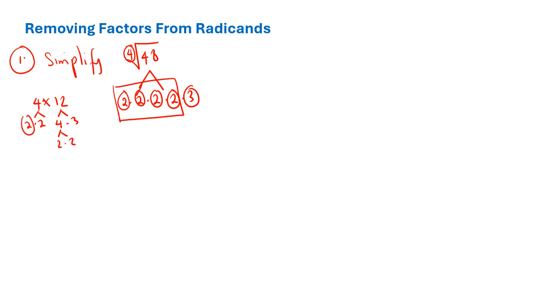So you can see all these repeating factors. So actually what I'm doing here is looking at the prime factors of 48, the product of prime factors of 48.